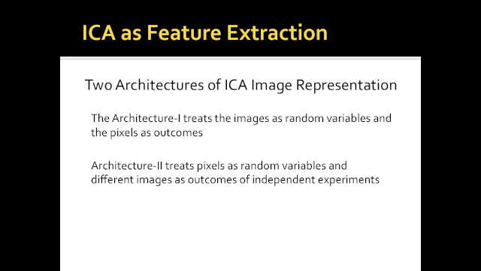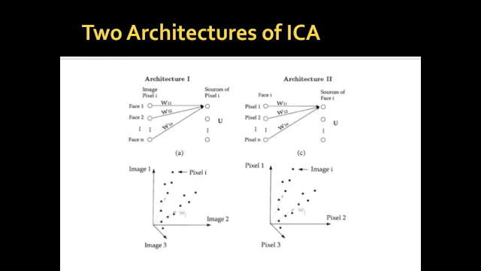There are two main architectures of ICA image representation. Architecture 1 treats the images as random variables and the pixels as outcomes, whereas architecture 2 is the opposite: it treats pixels as random variables and different images as outcomes of this independent experiment.